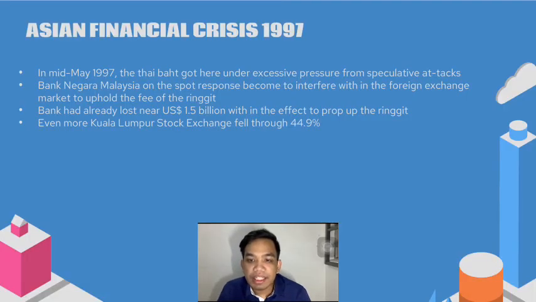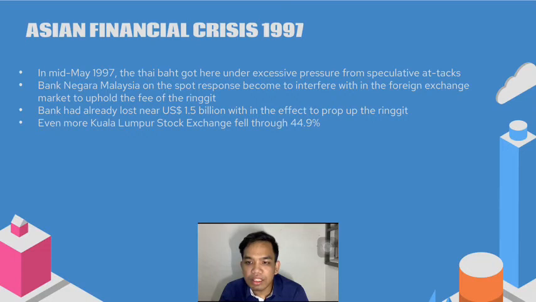In May 1997, the Thai baht came under excessive pressure from speculative attacks. The ringgit was not spared and came under excessive selling pressure. Bank Negara Malaysia, the Central Bank of Malaysia, responded immediately by intervening in the foreign exchange market to uphold the value of the ringgit.